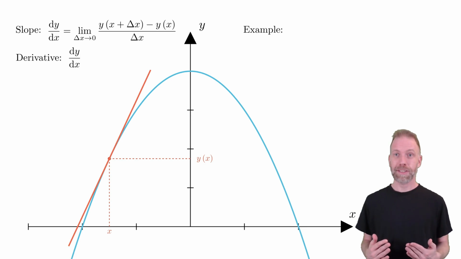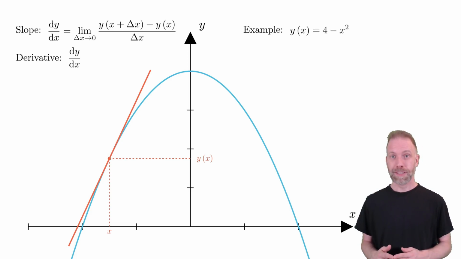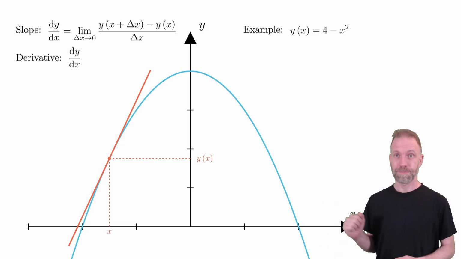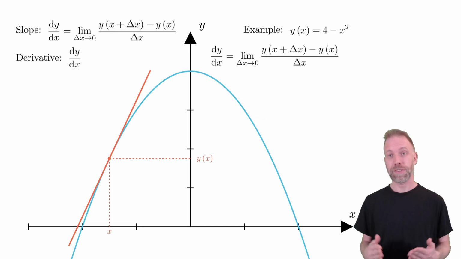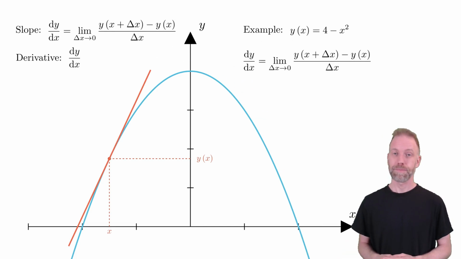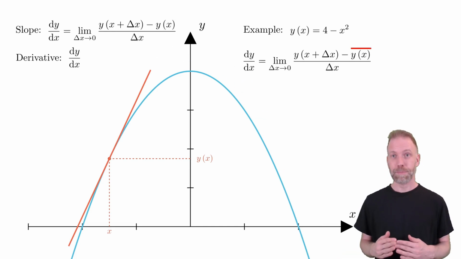Let's illustrate how the definition of the derivative works by doing an example. Set y of x is 4 minus x squared, which is the graph we see in the figure. Start from the definition of the derivative. Insert expression for the function as the y of x term.